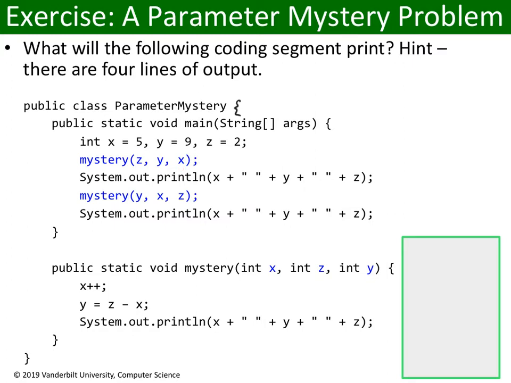So the first expression is going to look at the variable z and evaluate to the value 2. So x will take on the value 2. So let's write this down as we execute it. So this is the value 2. So this takes on the value 2.